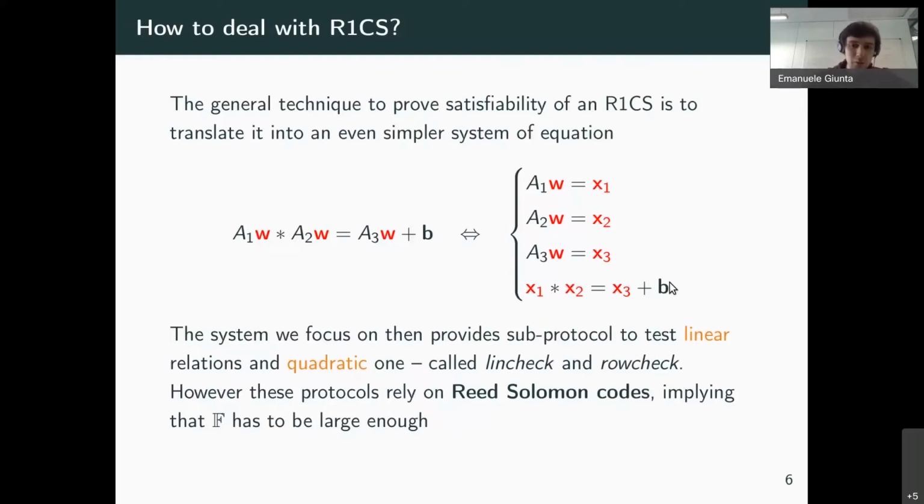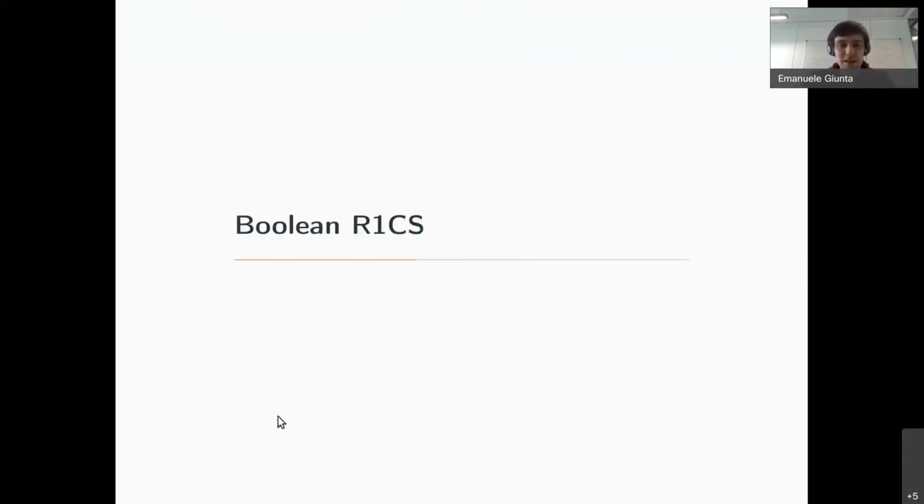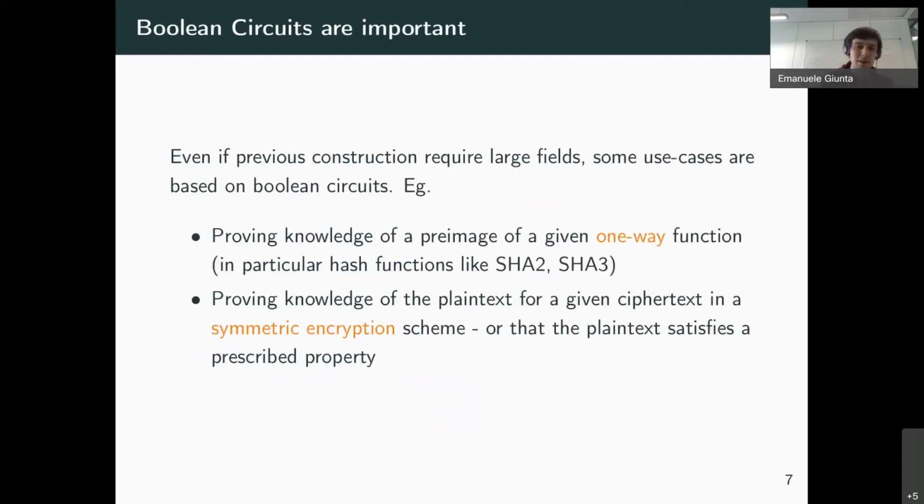So that's how to prove things, but this also implies a huge issue: Reed-Solomon codes require that the field F has to be large enough. The issue comes when the field has to be large, but we want to prove statements that are intrinsically Boolean.